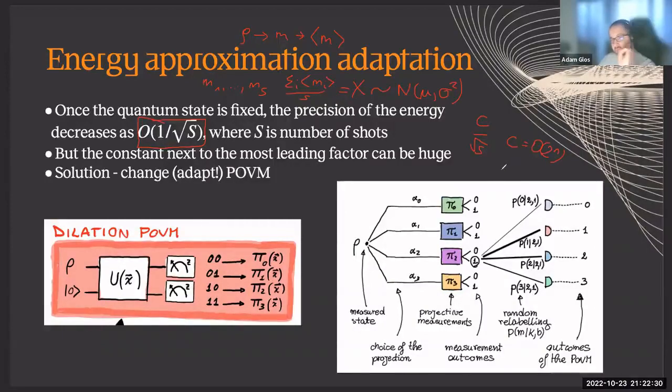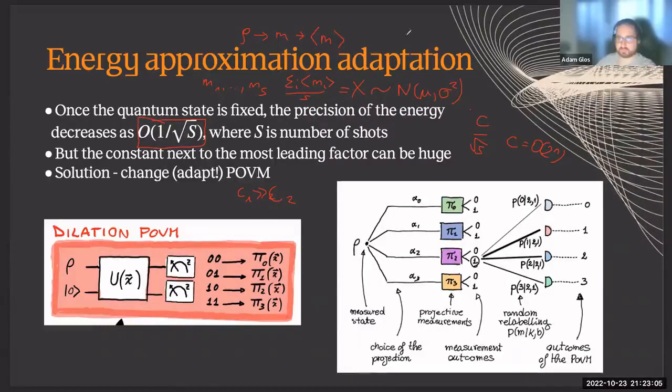But while for fixed POVM we cannot do anything better than C over square root of S for arbitrary state, we can in fact try to look for a better POVM, which still gives us the square root of S decrease in precision, but with this constant, which is much smaller than the one which we originally took.